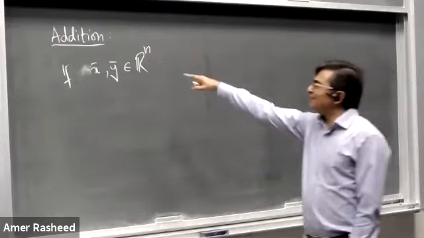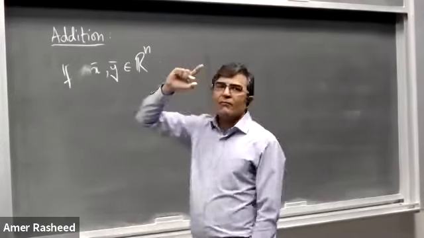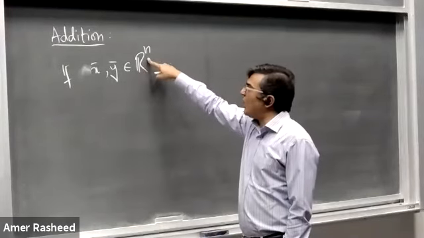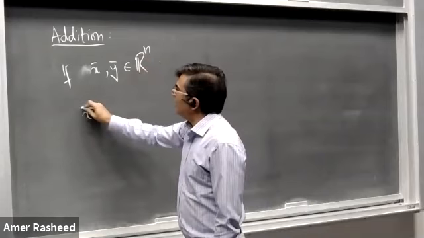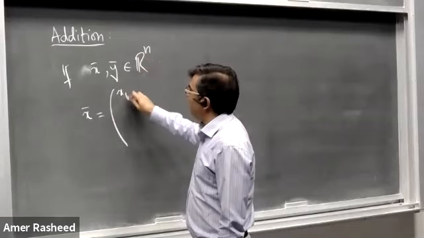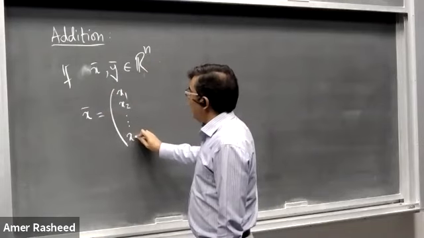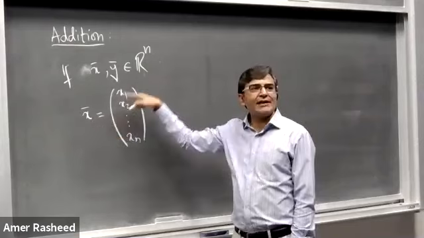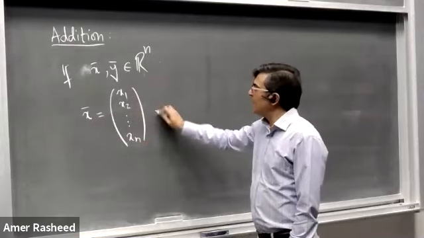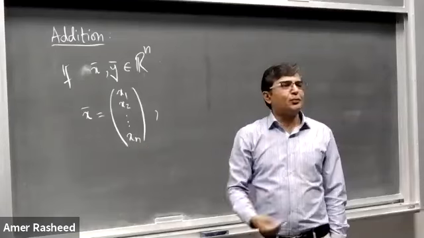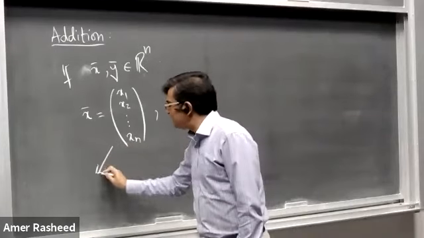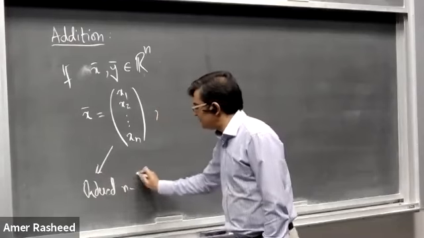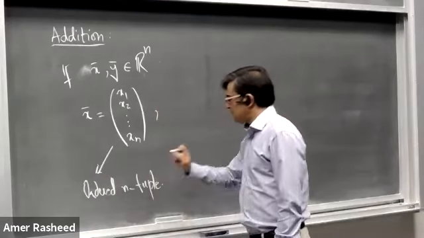When I write this, you should immediately imagine that x is a vector with components x1, x2, and so on, xn. Because x belongs to Rn, x has n components. We call it an ordered n tuple as well.